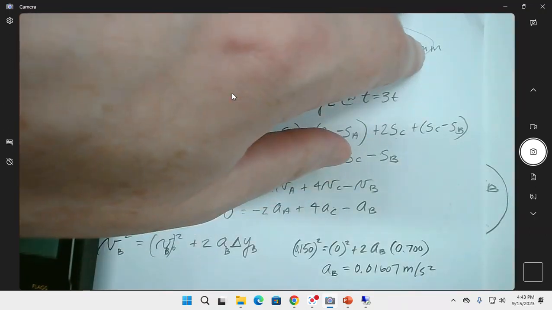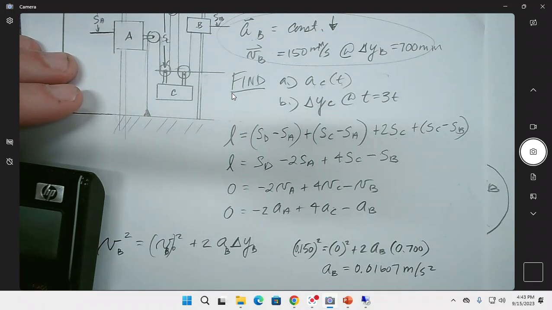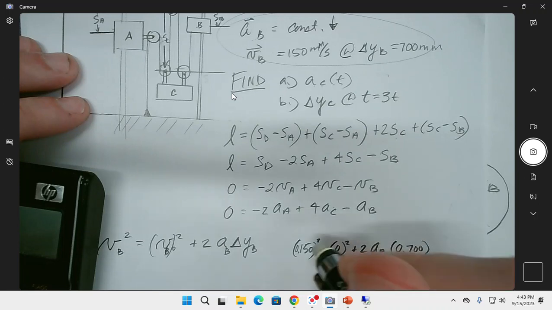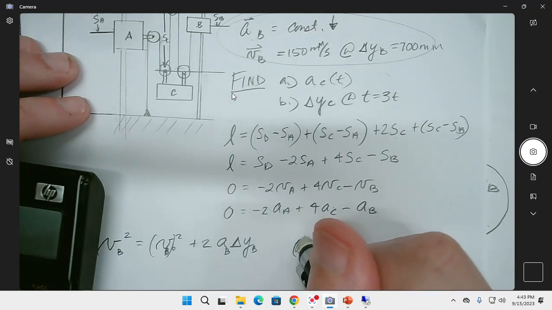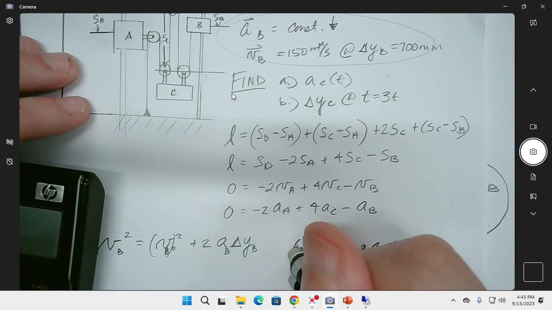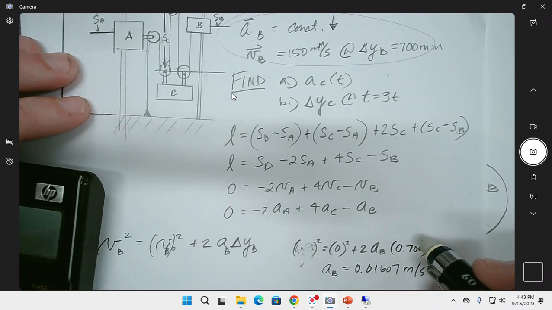Oh, what did I do wrong? It's not multiplied by 1,000, millimeters to meters. I think you multiplied by a million. Why not millimeters per second?